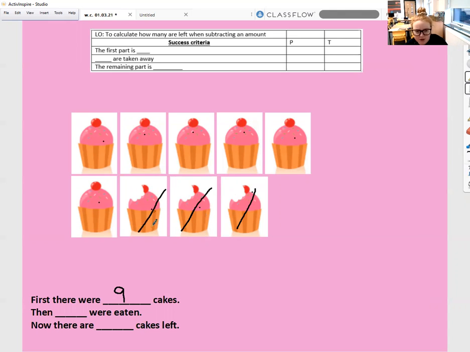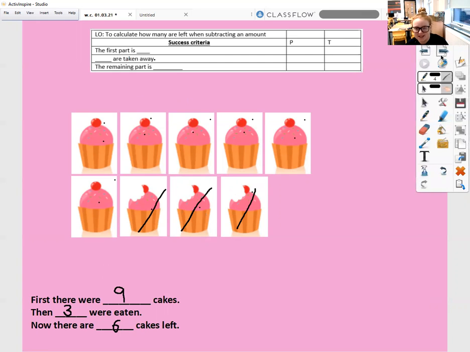So that's 1, 2, 3. 3 were eaten. Now there are how many cakes left? So there's 1, 2, 3, 4, 5, 6 cakes left. So the first part is 9, then 3 are taken away, and the remaining part is 6.